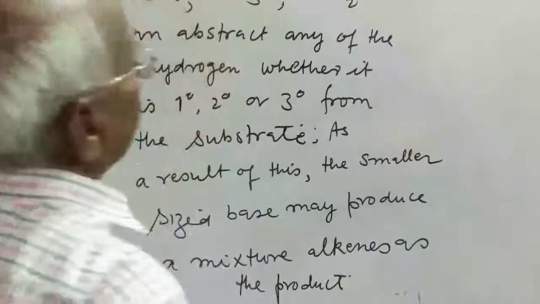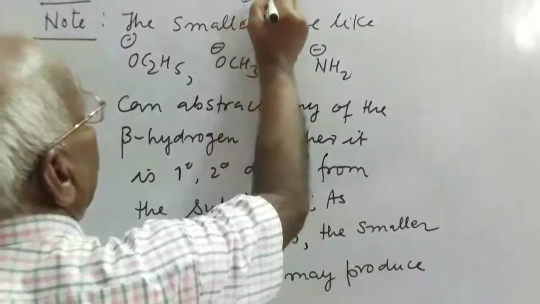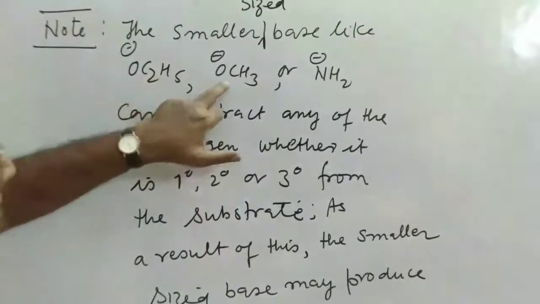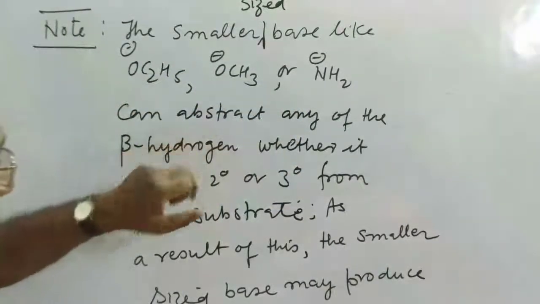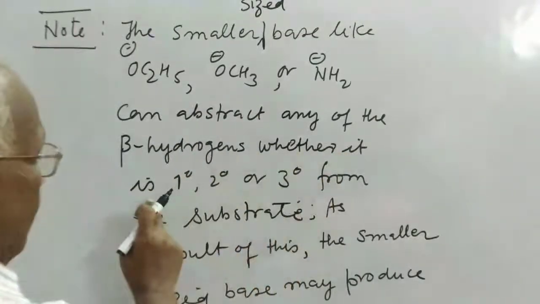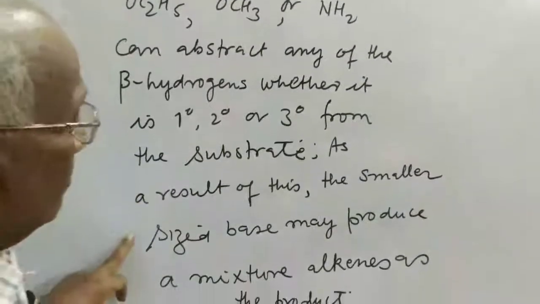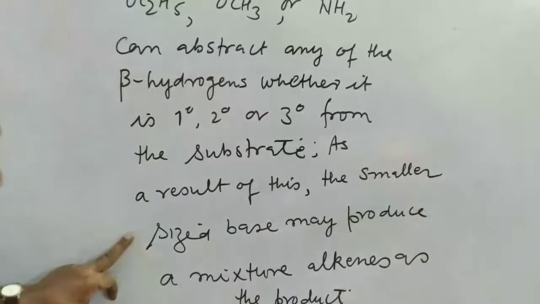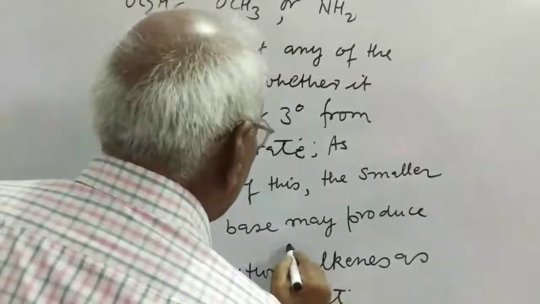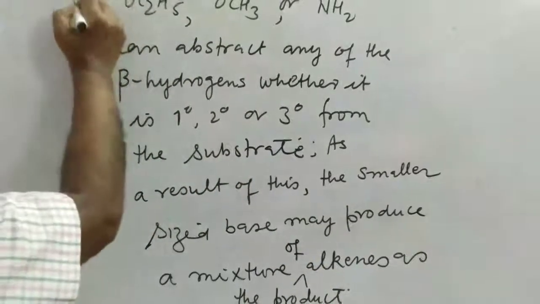So the smaller sized base, like ethoxide ion, methoxide ion, amide ion can abstract any of the beta hydrogens, whether it is 1 degree, 2 degree or 3 degree from the substrate. As a result of this, the smaller size base may produce a mixture of alkenes as the product. So this is the first point of noting.